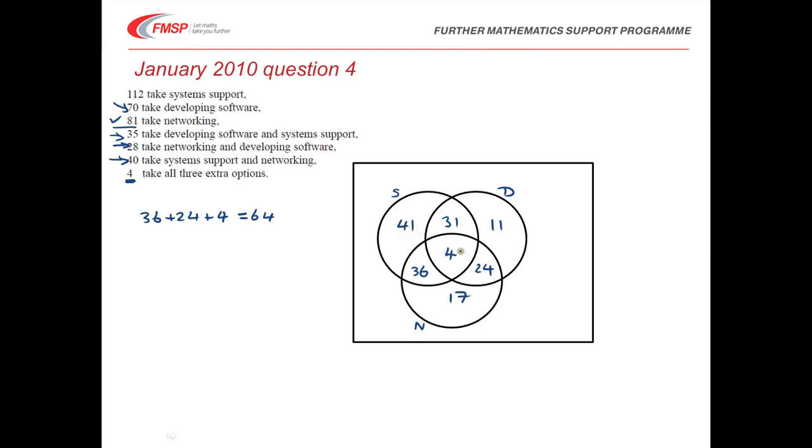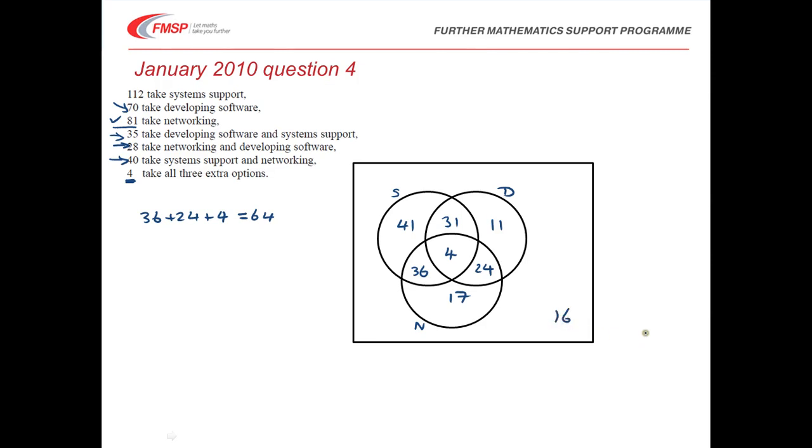Now again, you've not finished. It doesn't say that you have to take any of these things. So as a consequence, you should always expect there to be a number on the outside of the circles. So if you add all of these values together, and then you subtract them from 180, you're going to get 16.